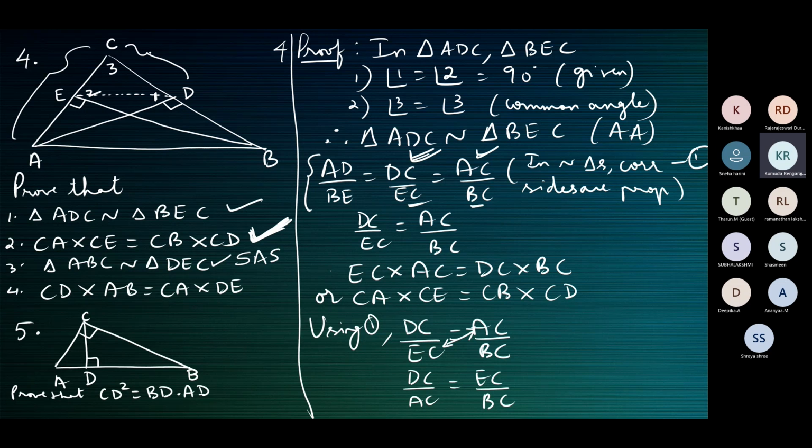It's fine. DC is a side of the small triangle, AC is a side of the big triangle. That's all. Their ratios are the same. It can be like that.